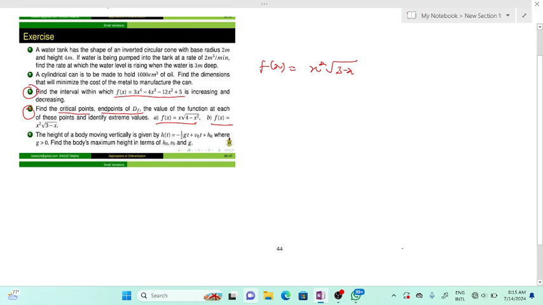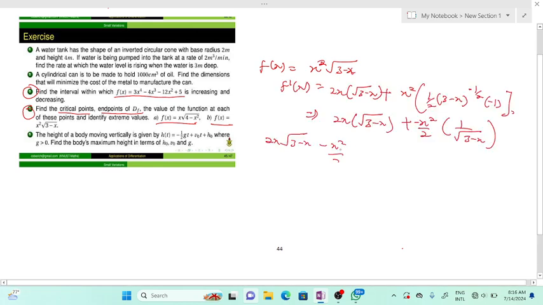So negative x squared over 2 multiplying 1 over the square root of 3 minus x, and everything here should be 0. So 2x root of 3 minus x, minus x squared over 2 root of 3 minus x should be 0.